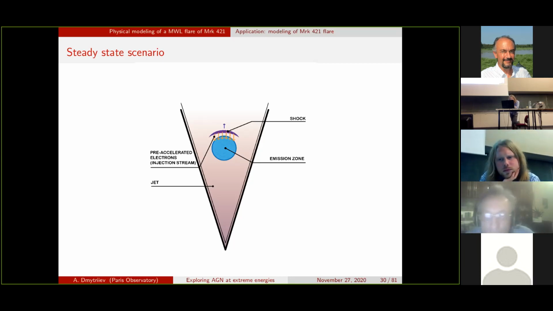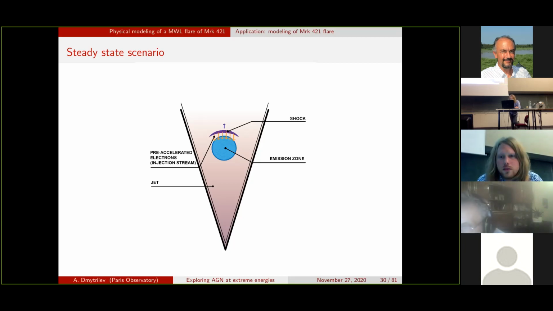You don't need to put turbulence by hand. You have here two shocks, bow shock and reverse shock. A reverse shock will generate turbulence very effectively, and you can calculate a very simple but effective realistic model with two shocks, with the bow shock and with the reverse shock inside the bubble.